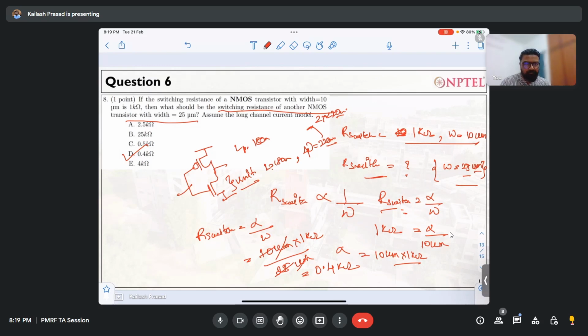It may be unit if the mobility ratio is 1. Instead of 2, if the mobility ratio is 1, then both NMOS and PMOS will be of the minimum size, and in many advanced technologies, that is actually the case. In that case, it will be unit, but generally the PMOS size is multiplied with the mobility ratio.